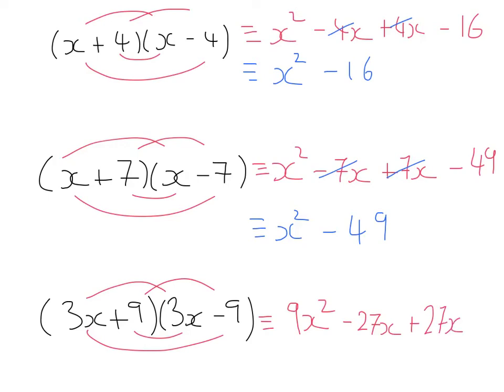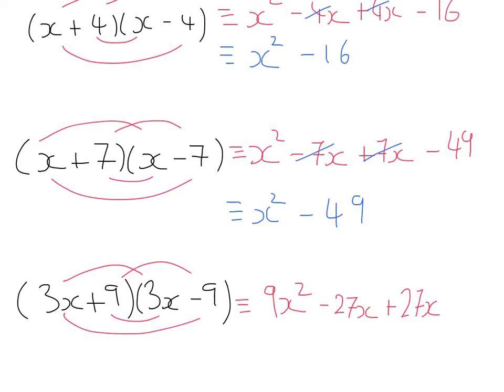And finally, positive 9 multiplied by negative 9 is going to be negative 81. Just like we saw in the previous examples, those two middle terms, negative 27x and positive 27x, are going to cancel out, just leaving 9x squared subtract 81.